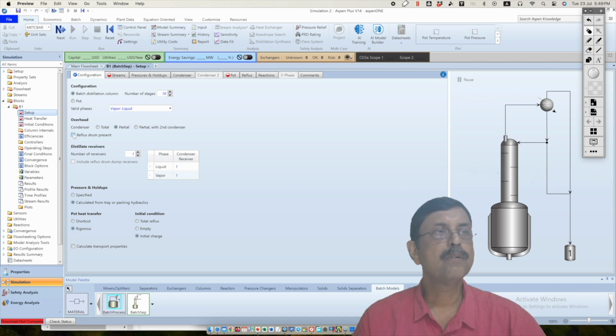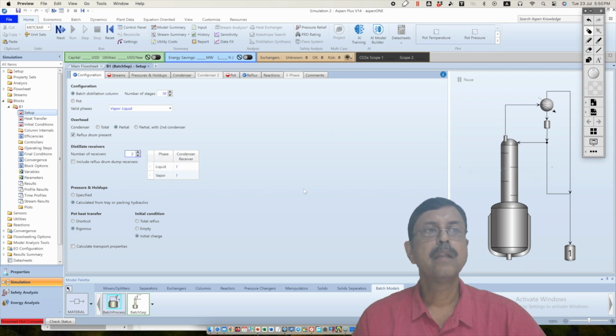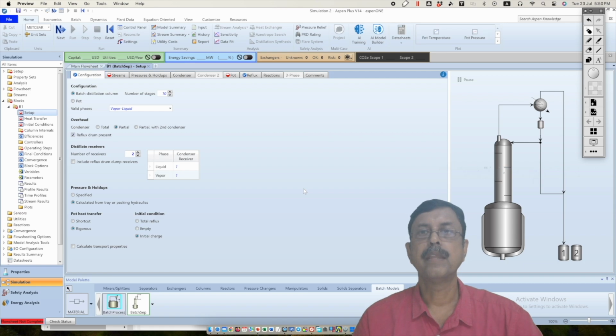And if you tick over here, then the reflux drum will be present, and based on whether the reflux drum is present, this particular option will be open for you. So if you tick over here, you should include the reflux drum dump receiver. This is the distillate receiver. So you have to choose the number of distillate receivers. If you choose 2, that means there are 2 distillate receivers possible. In this case, this is 1 and 2.